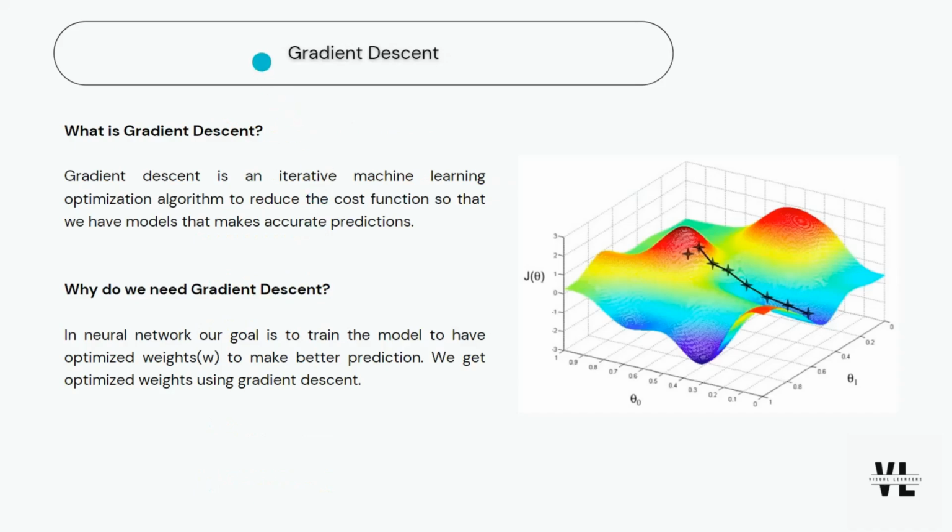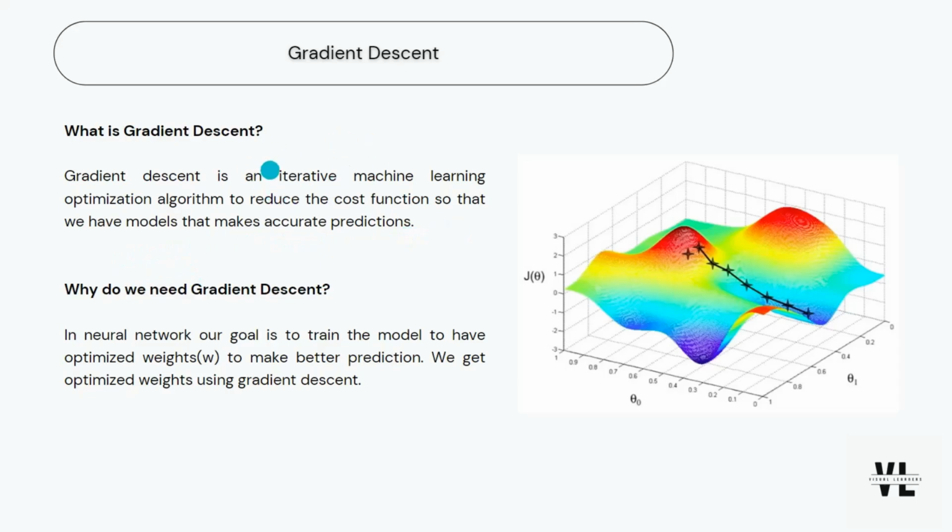So let's start by defining the first kind of optimizer, known as gradient descent. Gradient descent is an iterative machine learning optimization algorithm to reduce the cost function so that we have models that make accurate predictions.